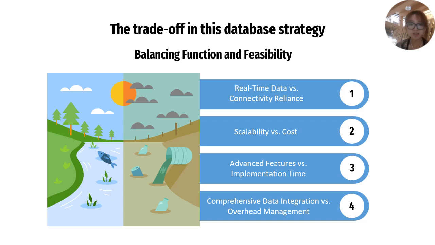Implementing advanced features like HTAP enhances our operations but demands more time. Additionally, the integration of diverse data sources enriches our analysis but increases the complexity of data management. These trade-offs guide our strategic decisions, ensuring we remain adaptable and effective in our mission.